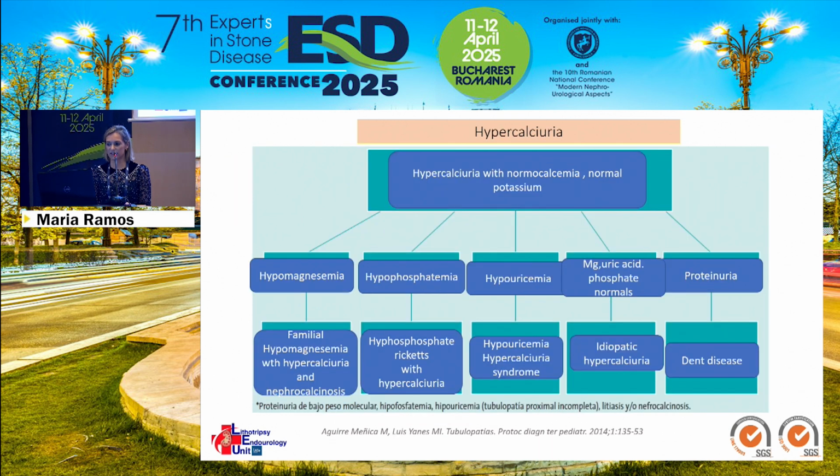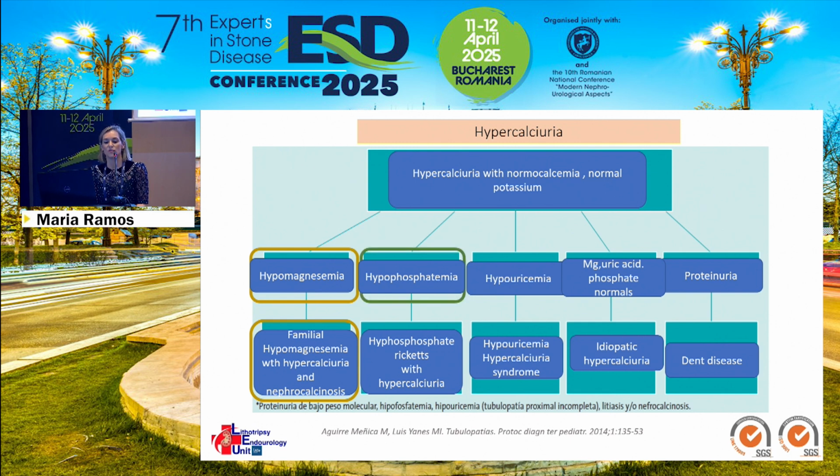Most important is this chart, when we find hypercalciuria with normal calcemia and normal potassium. We have to look at the blood test. If we find hypomagnesemia, a very low magnesium, maybe we have familial hypomagnesemia with hypercalciuria and nephrocalcinosis.